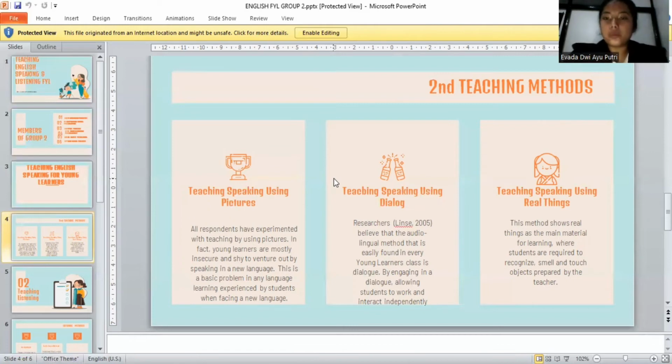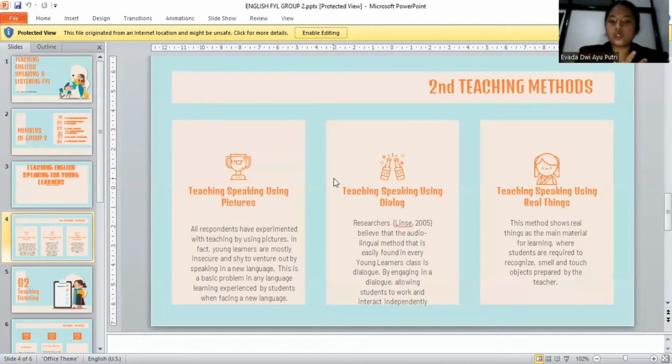And the third one, we have teaching speaking using real things. What is teaching speaking using real things? This method shows real things as the main material for learning, where students are required to recognize, smell, and touch objects prepared by the teacher.